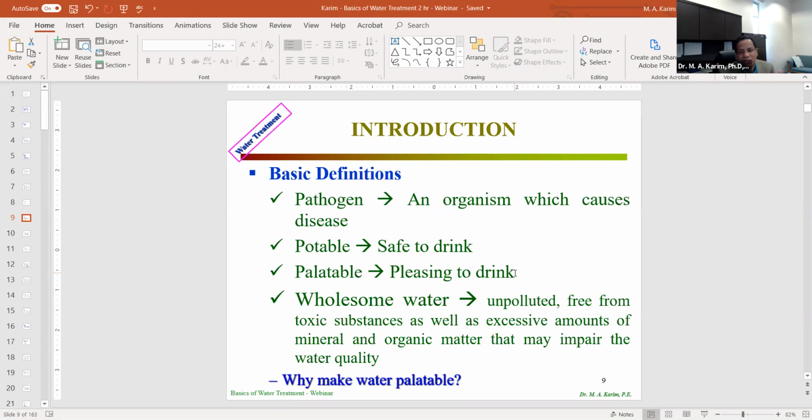If it is water, then we would like to see a very clear one. It makes sense because if we have suspended materials or even dissolved ones, it will be colored, so we don't feel comfortable drinking that. That's the reason we have to make the water palatable. Palatable by definition means pleasing to drink, right?